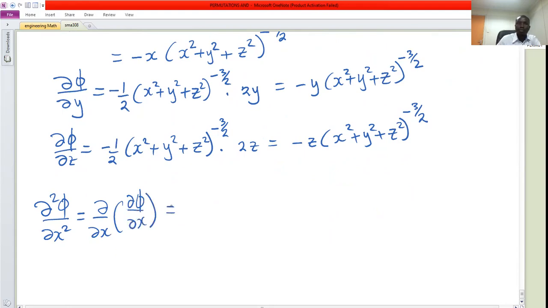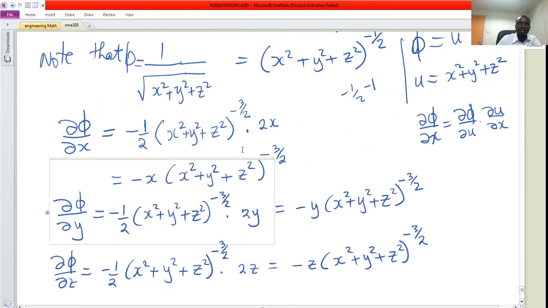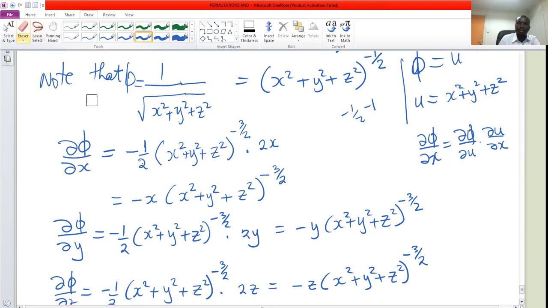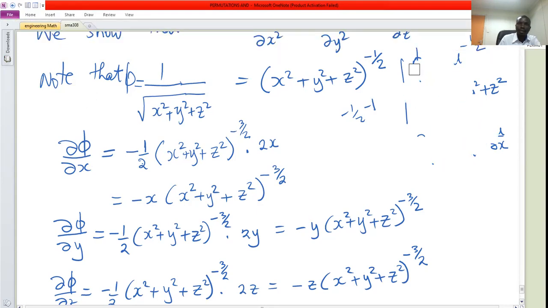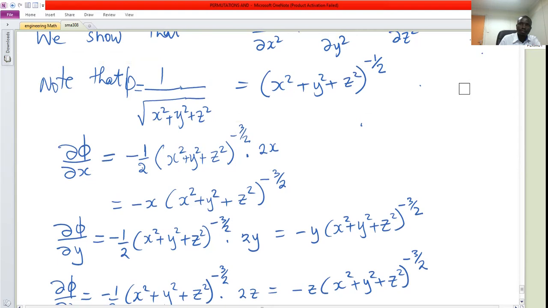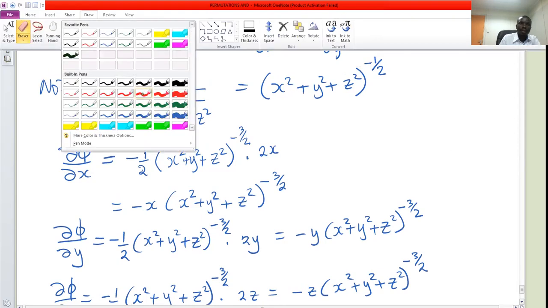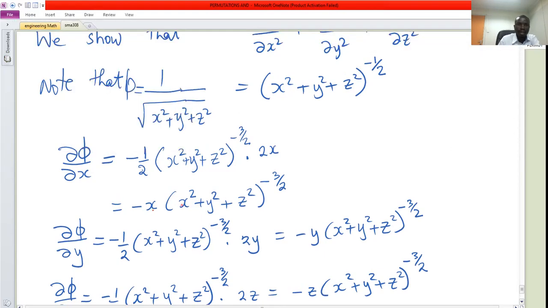So we need to differentiate this function with respect to x, this function here. Now, you see this is x, and this also has x. So we use product rule.